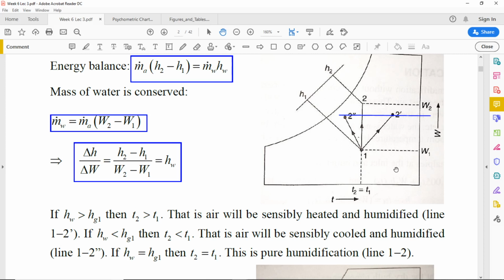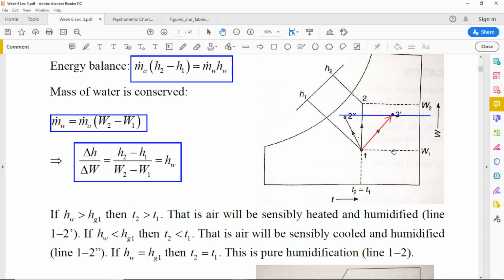If we look at the process line 1 to 2 prime, it shows an increase in the humidity ratio, but at the same time there is an increase in the dry bulb temperature.